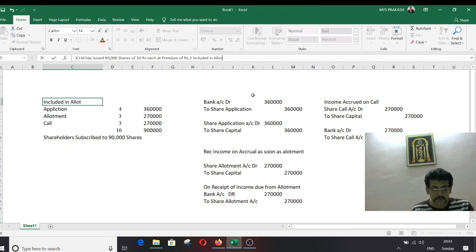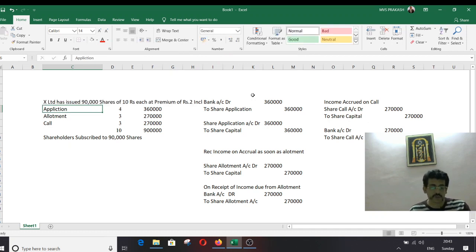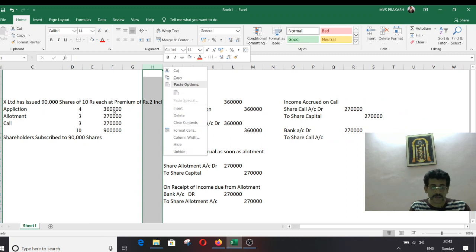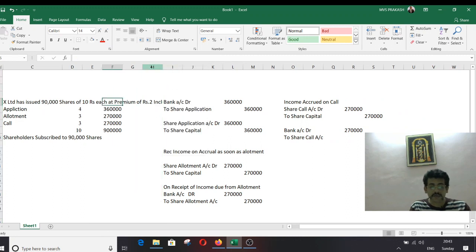Okay, premium of rupees 2 included as a part of your allotment. That's the given situation. So here basically the shares are being issued at a premium of 2 rupees. Where is the premium included? It is included as a part of the allotment money.